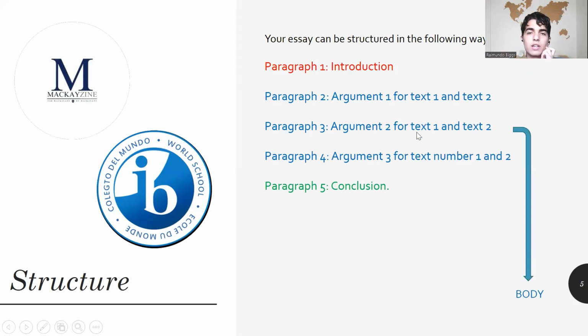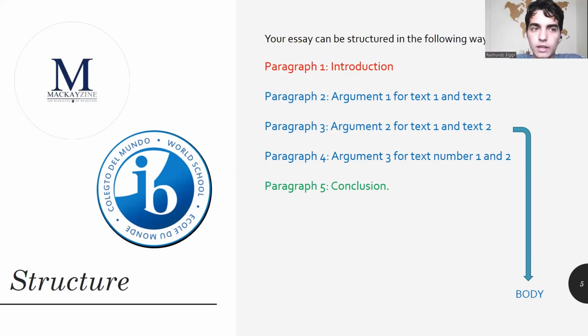Well, this structure. You can use whatever structure, but I think this is the best one because in here you will have all the points for comparing both novels. Because if you analyze one and then another, maybe the examiner can think that it's not comparative enough. But if you use this one, you already have that point. So, for example, in paragraph 1, you do your introduction.